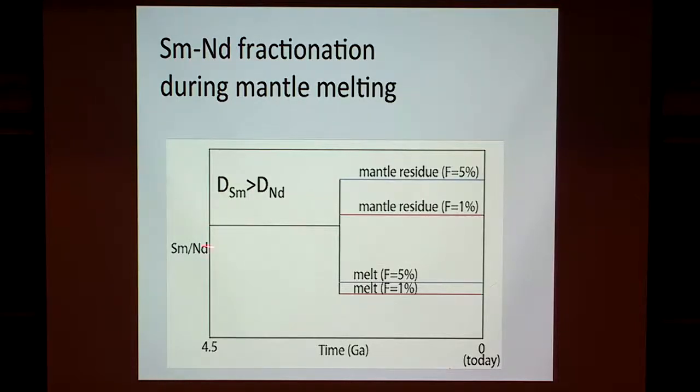Because neodymium is slightly more incompatible, the samarium-neodymium ratio in the melt is lower than the samarium-neodymium ratio in the residue. And of course, the absolute ratio is a function of the degree of melting. So at 100% melt, the samarium-neodymium ratio should go back to what you started with.